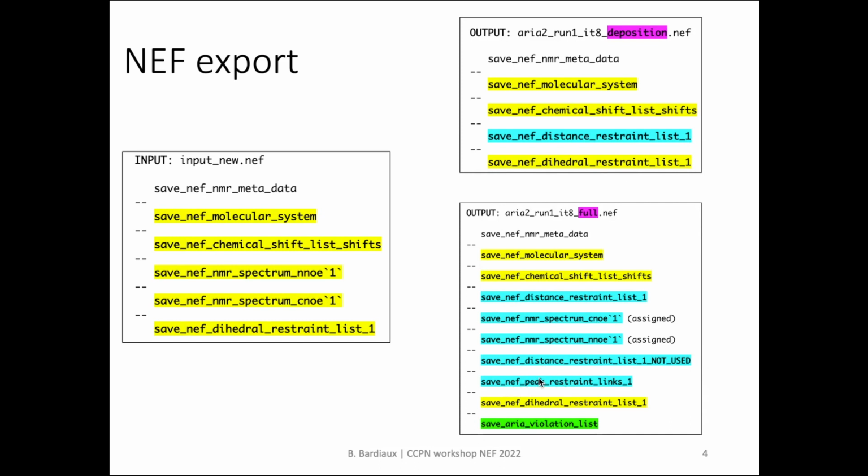Also this peak restraint links. So basically it tells you which peaks correspond to which restraints, so either used or not used. And also we have our own nomenclature for one frame that lists all the violations that are still present at the end of the calculation.